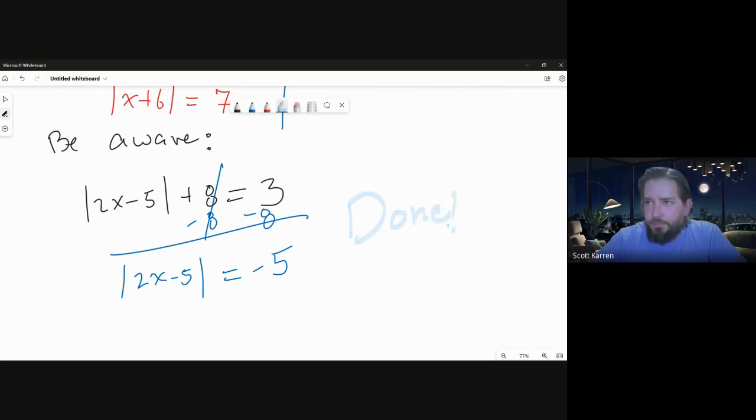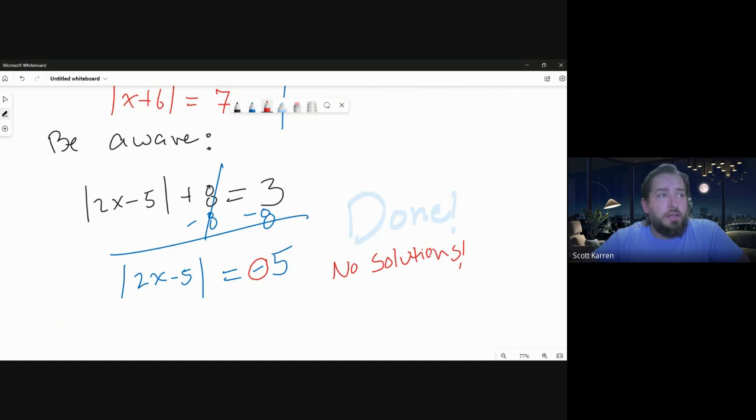I'm going to quit. Can anybody tell me why? And the reason why is there are no solutions because the absolute value is set equal to a negative number, and that's never going to happen, right?